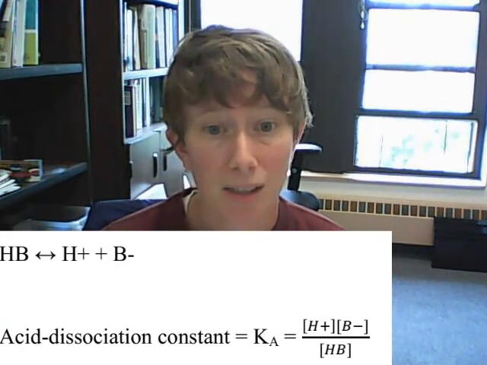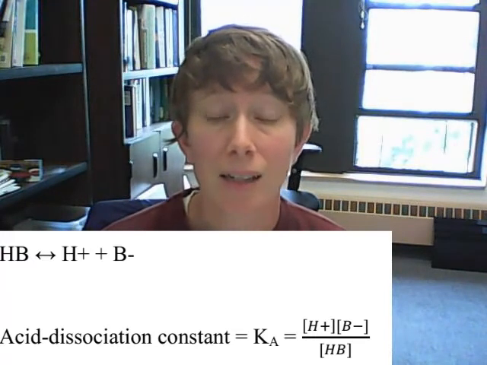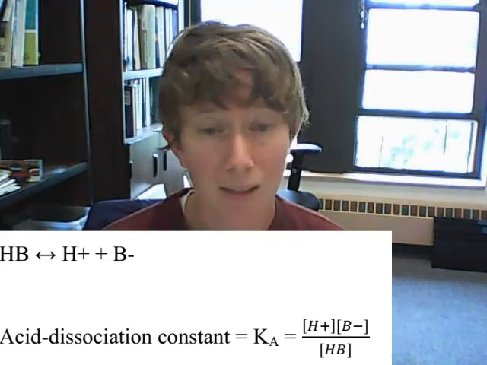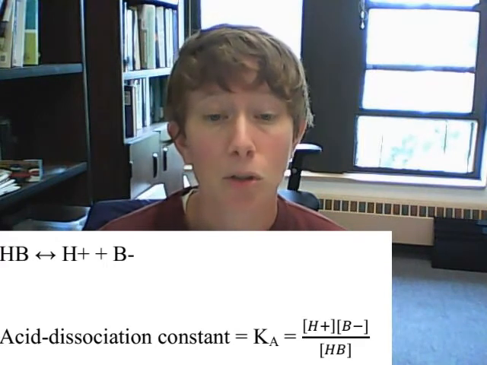Acid dissociation constants are normally written as Ka, and this one would be the product of H plus and B minus divided by the concentration of HB. So remember to always use molar concentrations whenever you're doing these equilibrium equations.